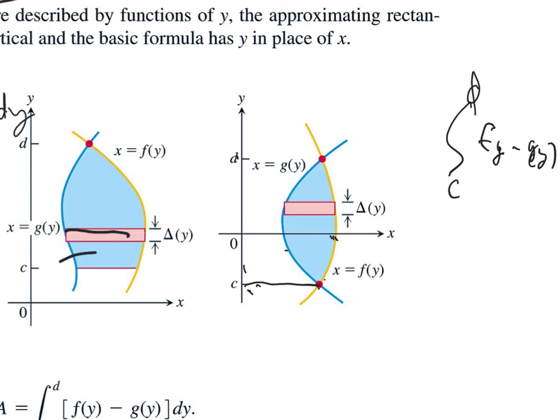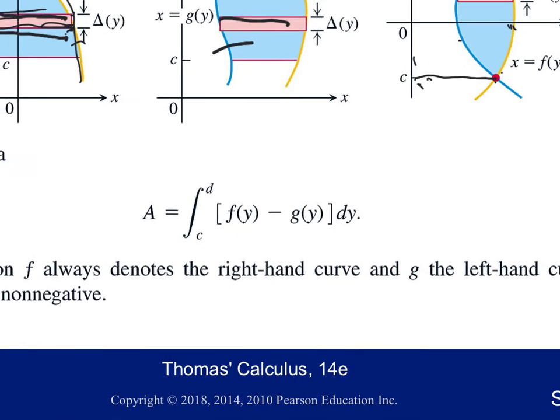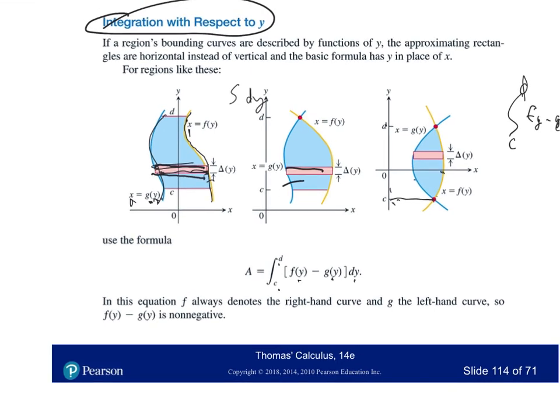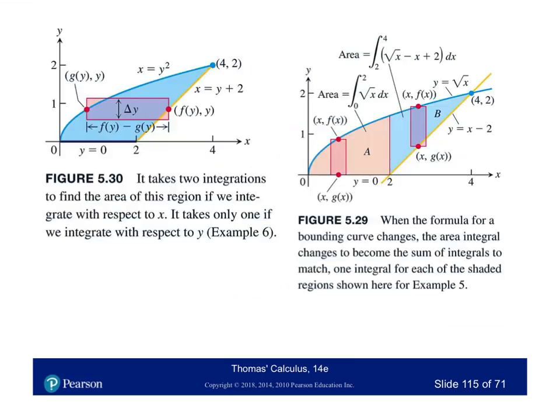That's the goal. There it is. Bottom to the top, right minus the left function with respect to y. So there's extra work here because you have to solve every equation for x. Notice the same problem we did a minute ago, the answer was 10/3.